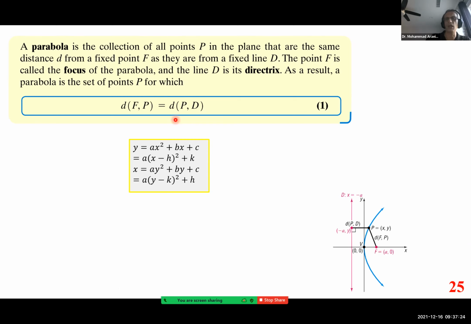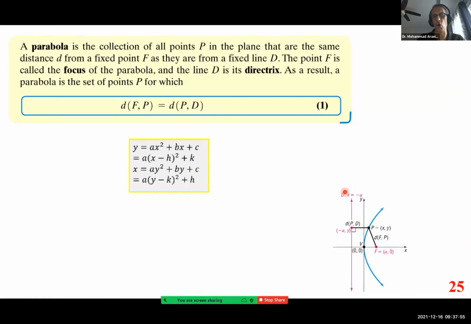In other words, however you draw this, it's important to know the meaning of it. If you pick any point, for example P, and connect it to the focus, giving you the distance PF, it is identical to the distance it makes with a line called directrix.